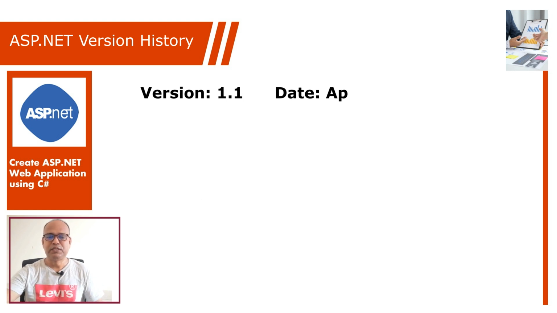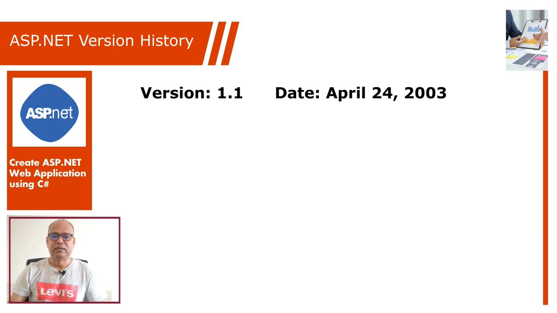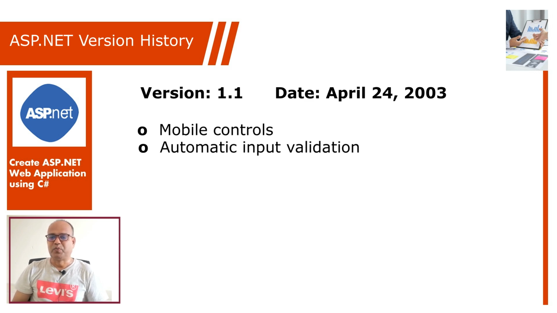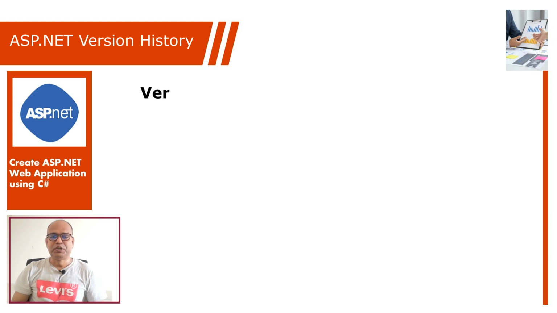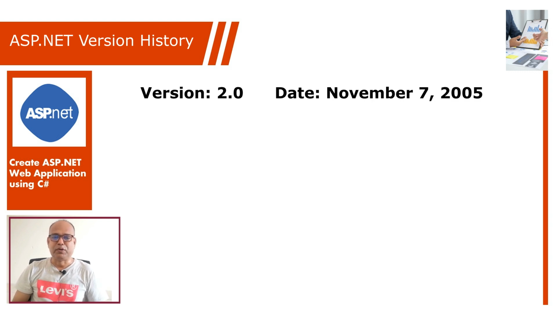The next version is 1.1, released on April 24, 2003. Mobile controls and automatic input validation were the features in this version, and it was integrated with Visual Studio .NET 2003. 2.0 was released on November 7, 2005.